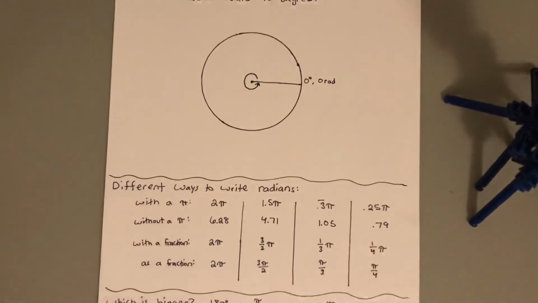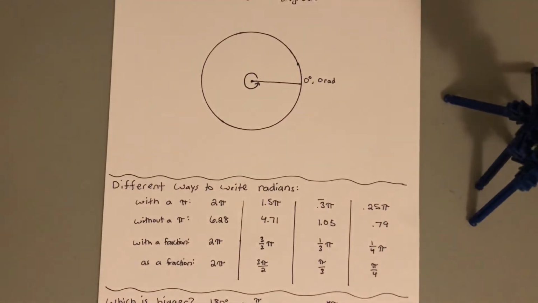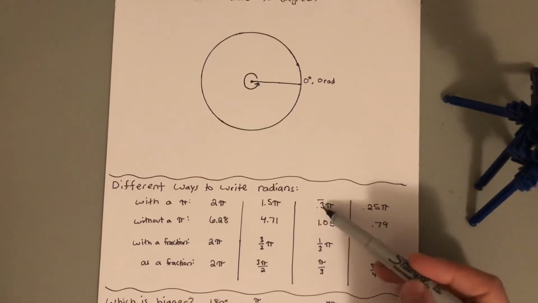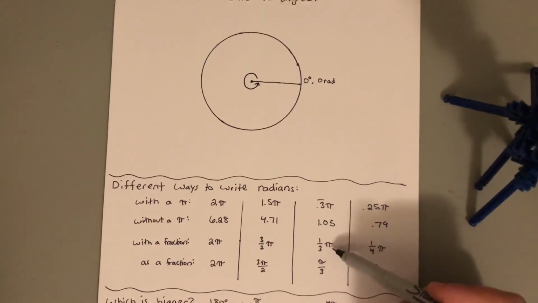So there are a few different ways that you might see radians, and it's important to be familiar with what you might come across. For example, over here, 0.3 repeating is the same as 1/3. So instead of 0.3 repeating pi, we might see 1/3 times pi.